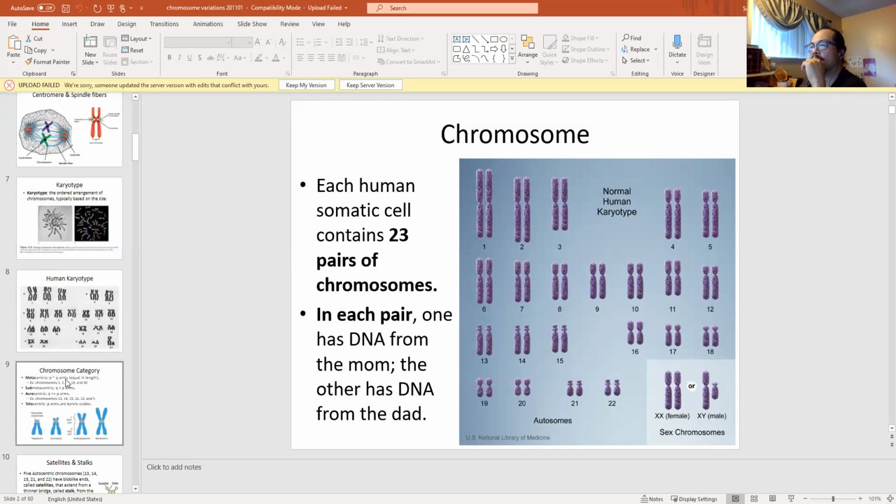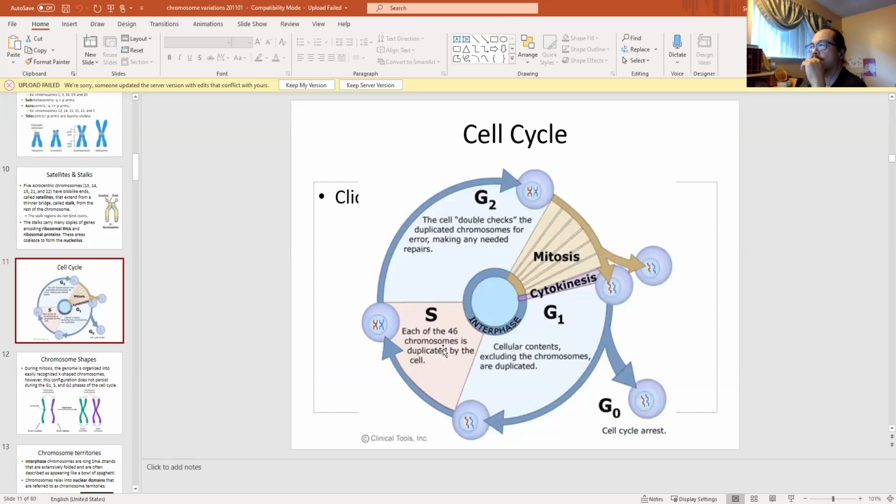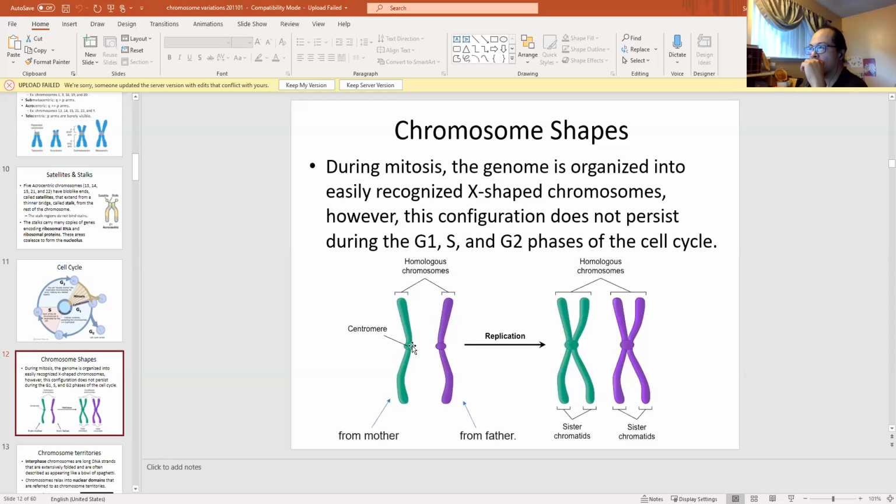And then after the S phase, we replicate, duplicate this chromosome. Then each one will have another copy, and these two are called sister chromatids. Now these two are for the large part separated, but there is one juncture where these two are connected.